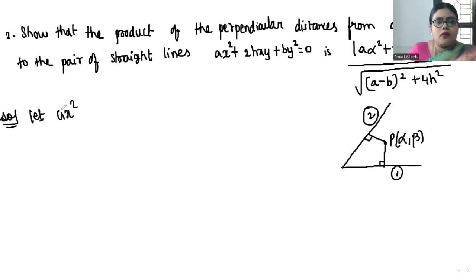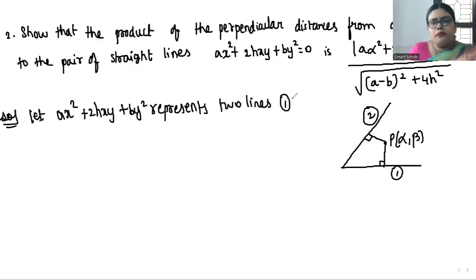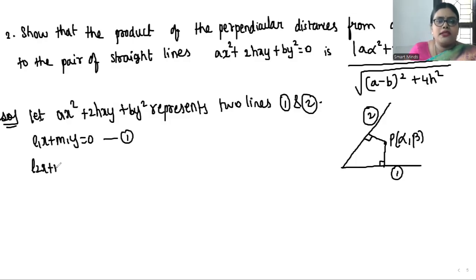Let ax square plus 2hxy plus by square represent two lines, 1 and 2. What are those two lines? Let us write down. L1 x plus M1 y is equal to 0, equation number 1. L2 x plus M2 y is equal to 0, equation number 2.